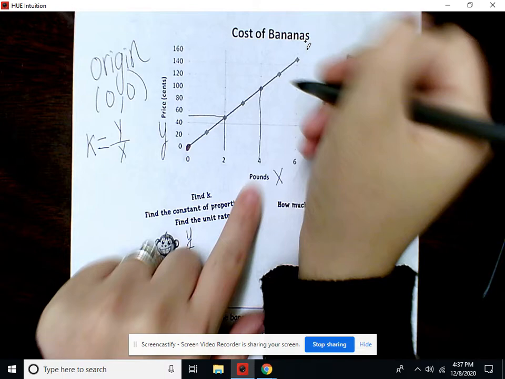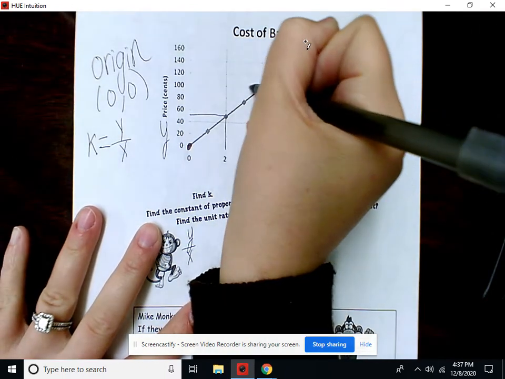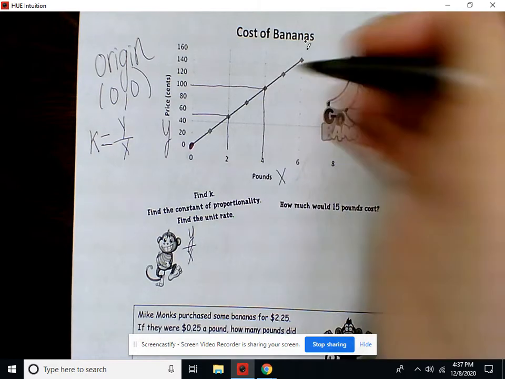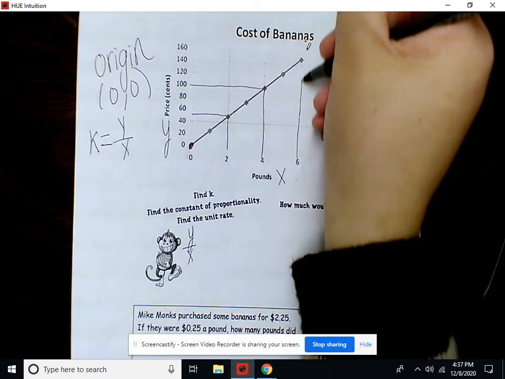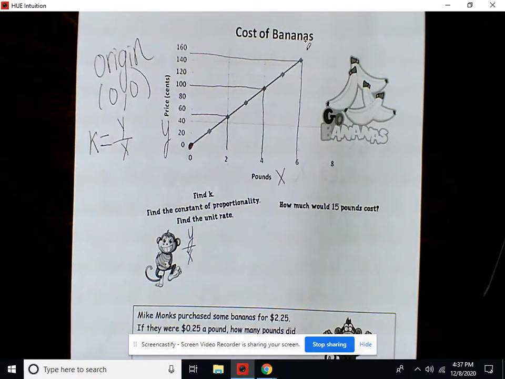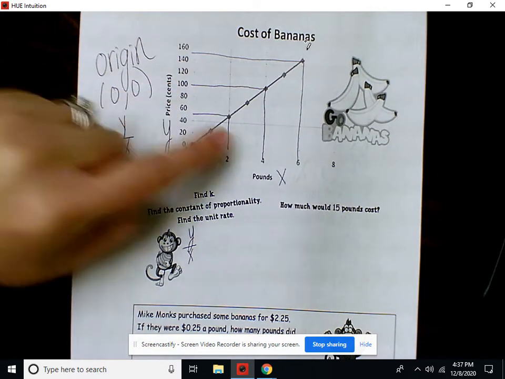We go straight up, so there's 4, and then we can go all the way over, and it connects to 100. Okay, so if we look at 6, we go up and go all the way over. And again, it goes in the middle of a line in between 160 and 140. So we're not going to use that one because we don't know exactly what that number is. We can guess, but what if we're wrong? We really don't know. So we're going to use 140.